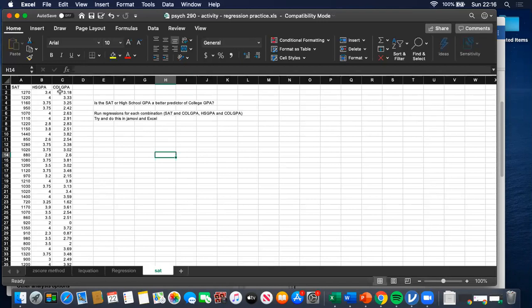So you can run the regression analysis for SAT and college GPA and high school GPA on college GPA, right? And then based on that, you should be able to say which one is a better predictor of college GPA, right? And again, if you have any questions on any of this, please post on the discussion board or send me an email and we can work through it.